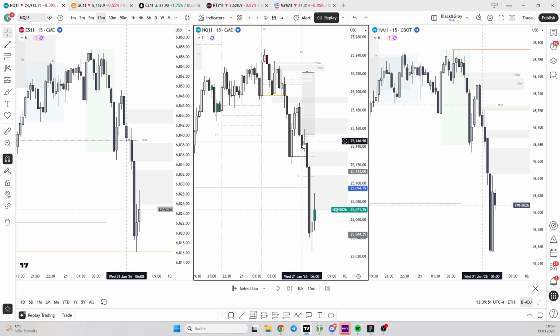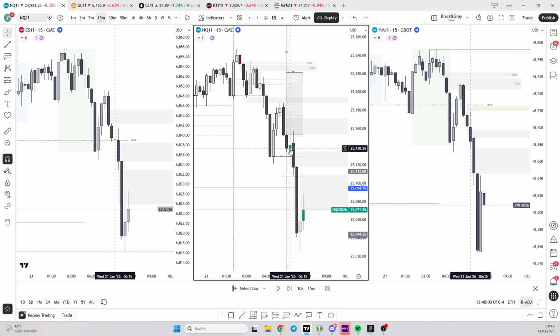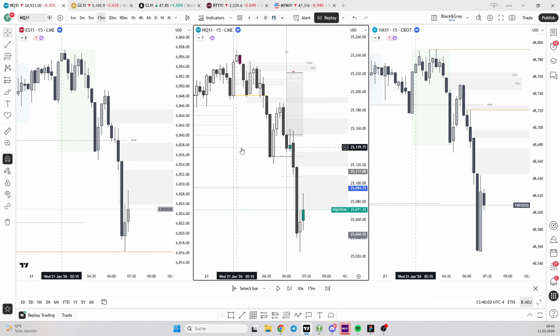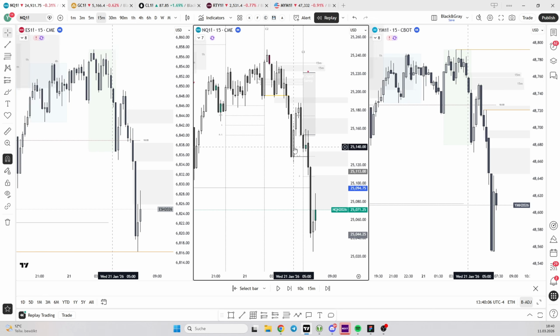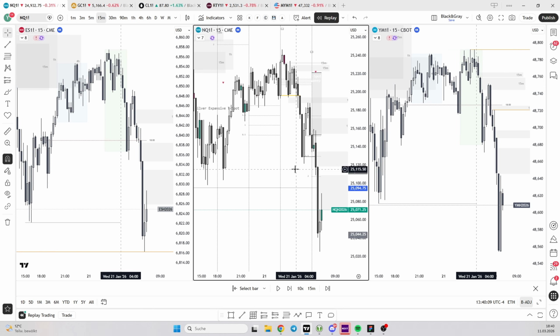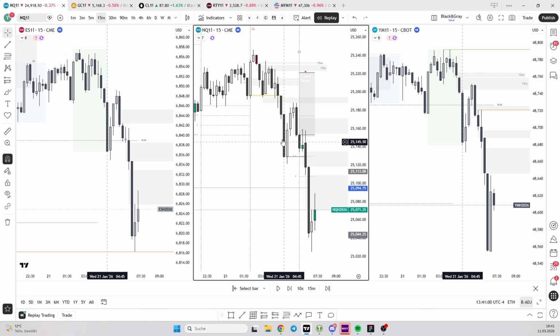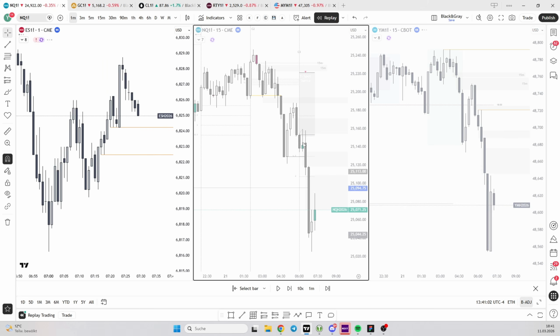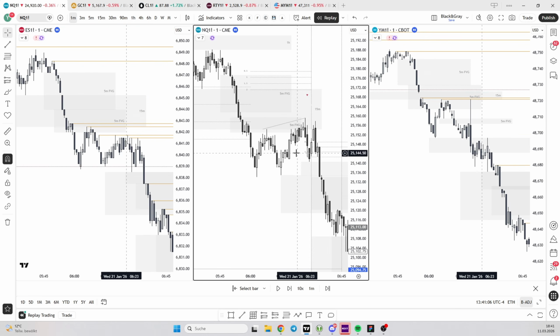Then we displaced lower again, and here we created a beautiful 2-stage PSP with ES and with YM. The lows are still intact on all assets, which makes it even easier. Then I was going lower to the 1 minute because the 3 minute had a too big CSD.